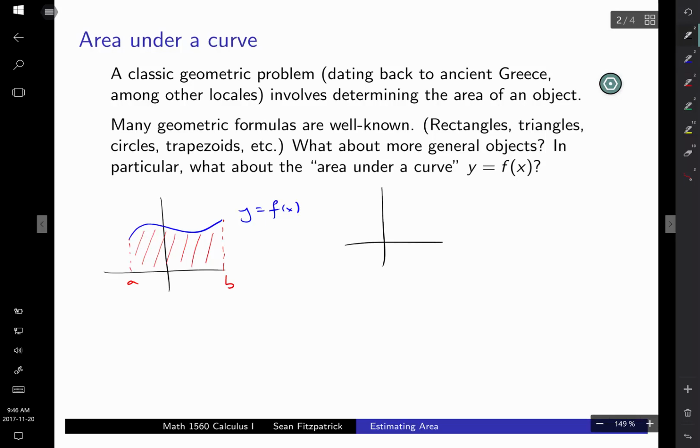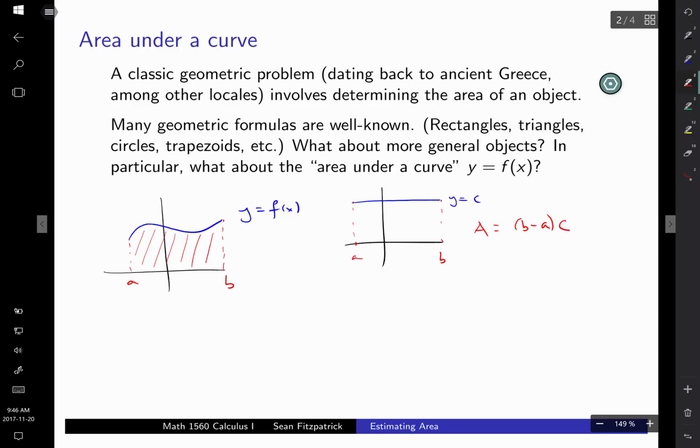We can do it if, let's say, y is a constant function, because then our area is just a rectangle, and we know how to find the area of a rectangle. Our area is going to be the base, which is the width, b minus a, times the height, which is c.